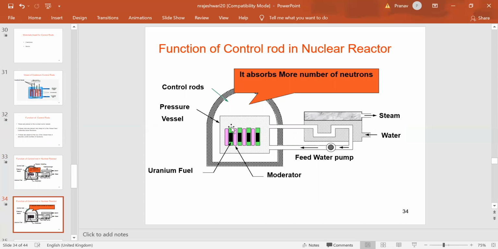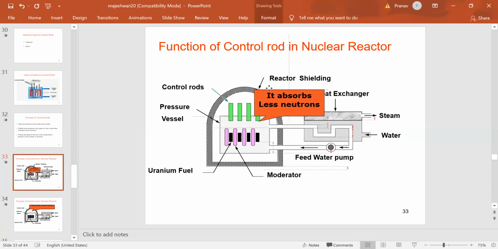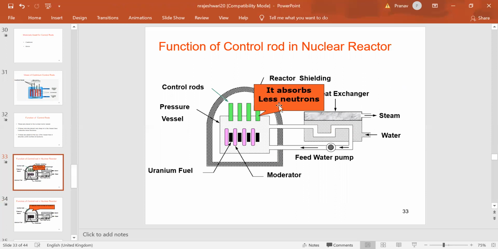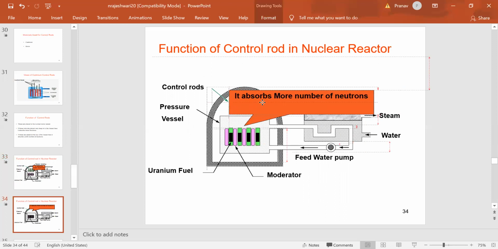By placing them like this, they absorb more neutrons. So by placing the control rods like this, they absorb fewer neutrons, and by adjusting them like this, the control rods are here, and they absorb more neutrons from the nuclear reaction.